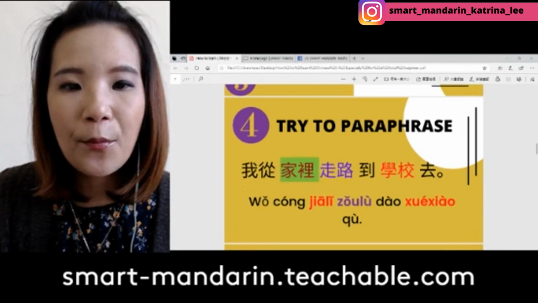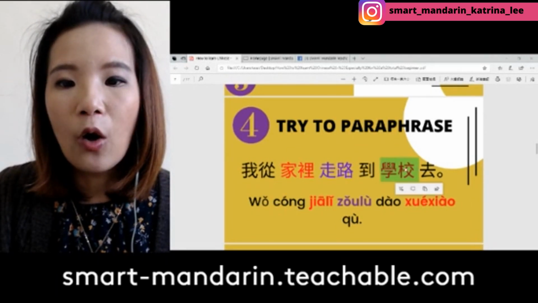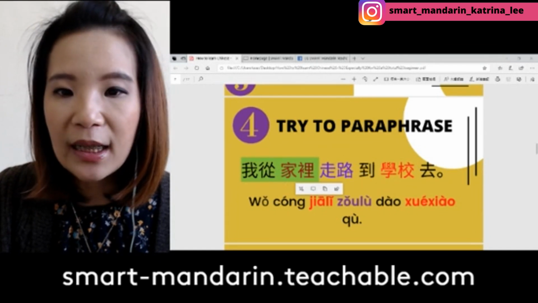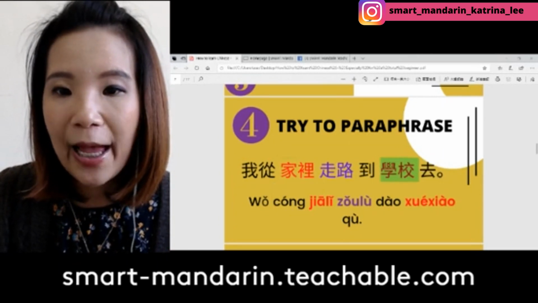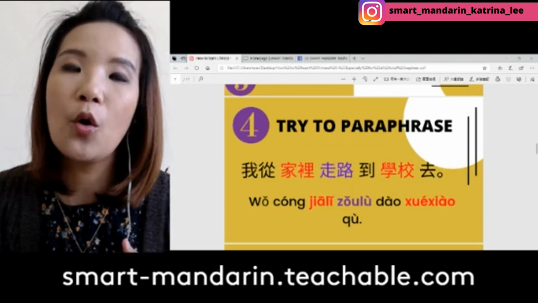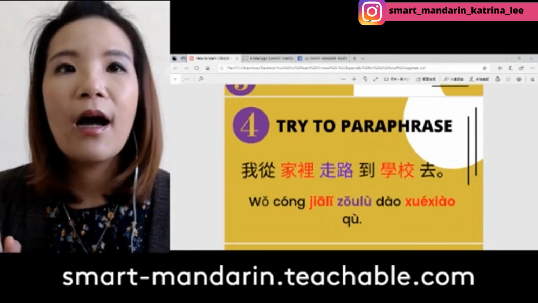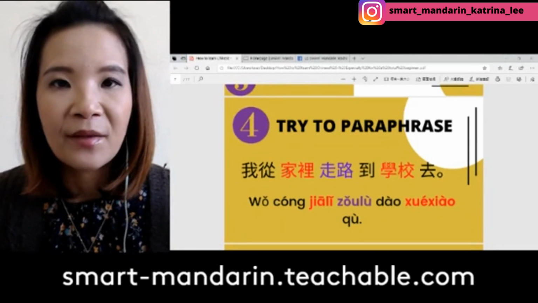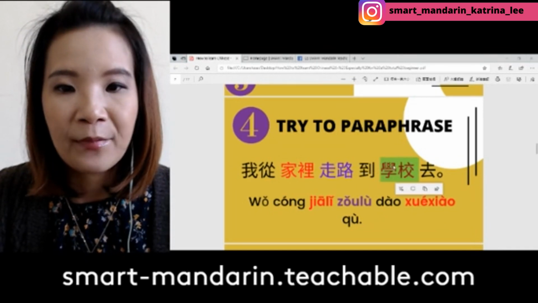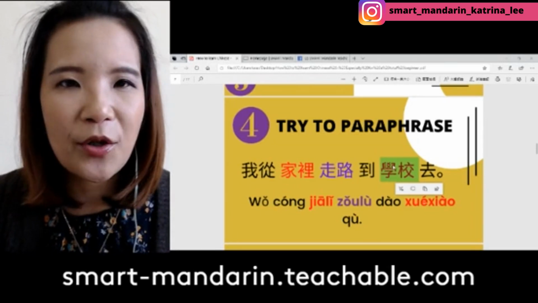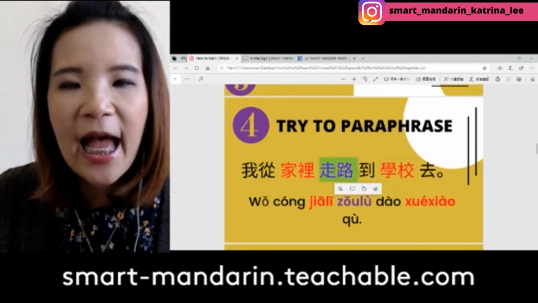Maybe 从 somewhere, you can switch to 从公司, from company, 到 somewhere. So you can switch the vocab here. 我从公司到学校, 我从公司到家里去, 我从学校到家里去, from A to B. So the A and B here are the place words. You need to know how to switch, not only for this structure but also for many other structures that you learn in the future.